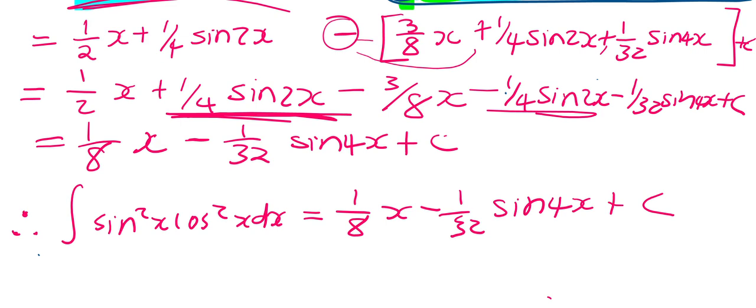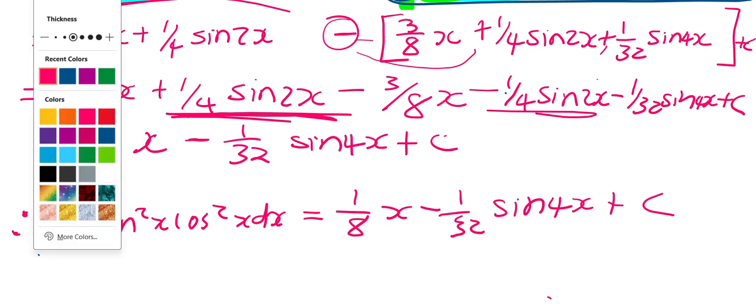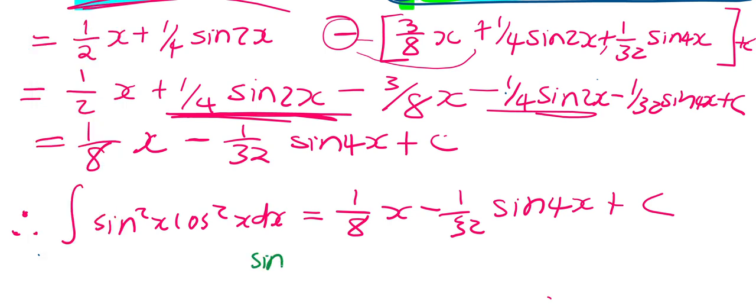Now, just to recap, we said that if you're finding the integral of sine to the power of something times cos to the power of something, and if both of those are even powers, it doesn't matter which one you use to replace with the identity. So when you are here, the identity that you need to replace is sine squared x plus cos squared x is equals to 1.